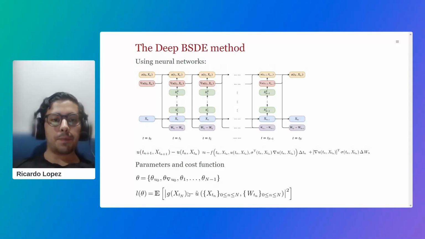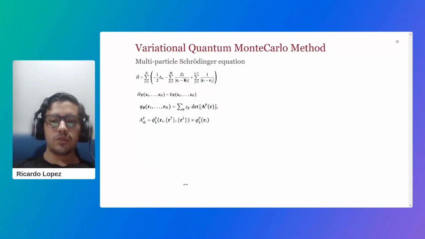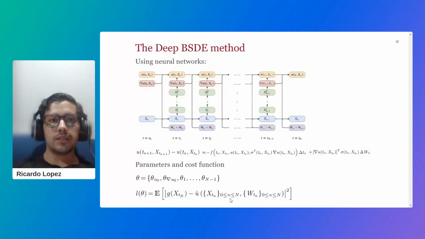And our loss function will be defined by a terminal condition, meaning that we will need to know the value of the solution at the final time, and then we will train the neural network by taking the difference with the solution evaluated for the whole path taken. So yeah, basically this is the deep backward stochastic differential equation method.